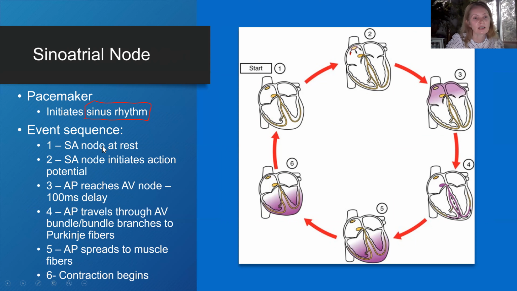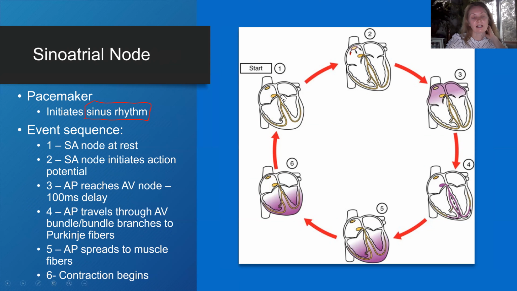So the SA node at rest, then the SA node initiates an action potential, that's your electrical impulse. Then the action potential reaches your AV node, and it has some delay over there. This delay is needed so the atria can contract and then relax. So it gives a little bit of time for atrial contraction.